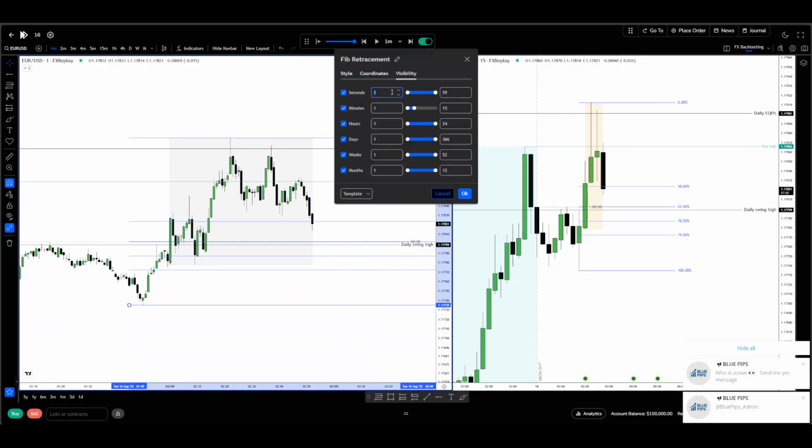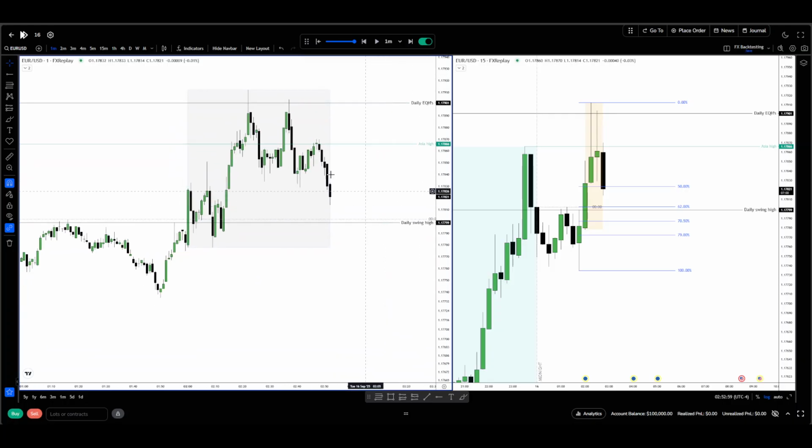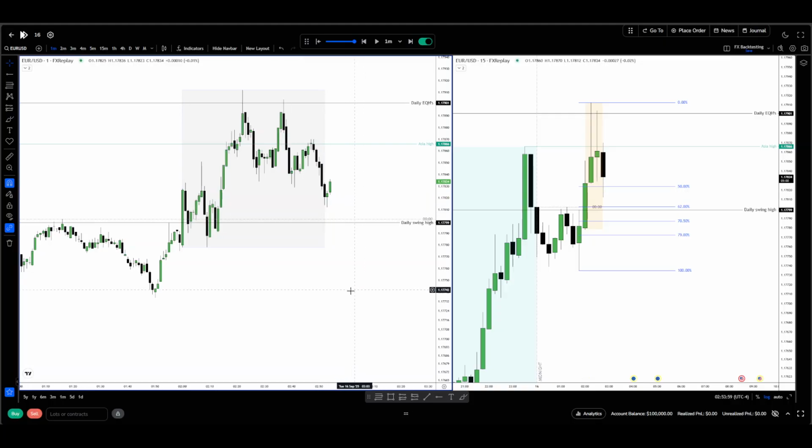Let's not show this on the 1 minute. Okay. In the meantime, what do we have in 1 minute? We have equal lows resting below here. Price is taking them out at this moment. And again, we are now tapping into this fair value gap.